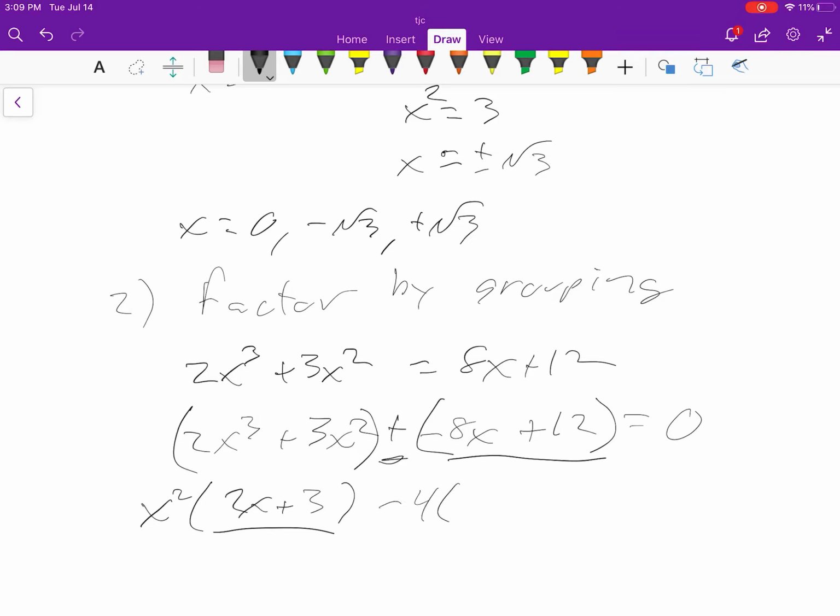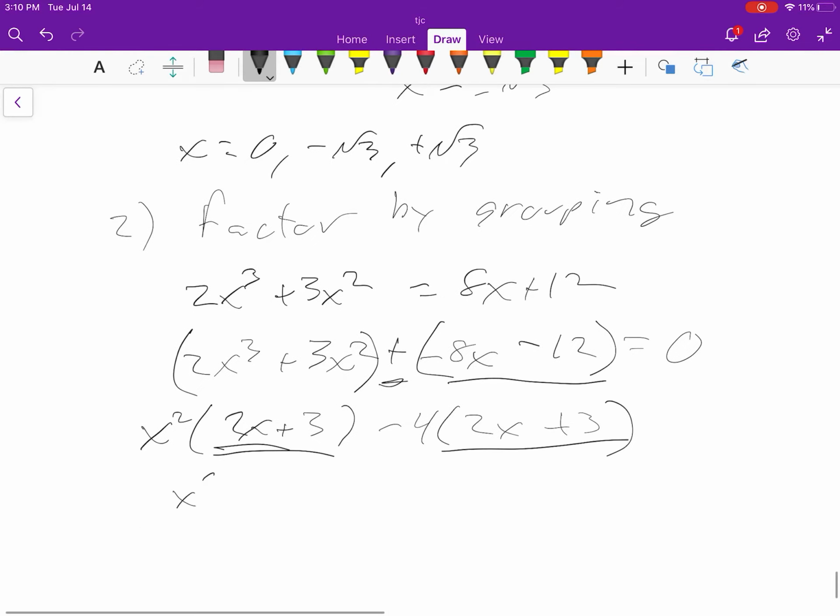So if we factor out a negative 4, that'll give us 2x plus 3. Oh wait, plus 3. When I pull this over, it should have been minus. Okay? My bad. So these are the same. So we did it right. And then you end up factoring by grouping.